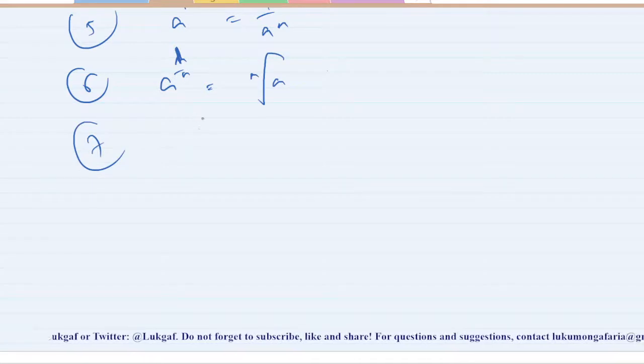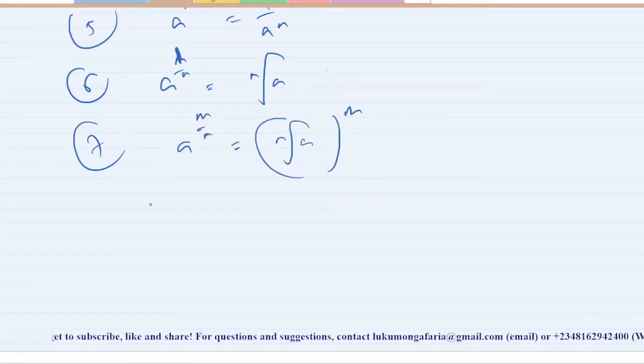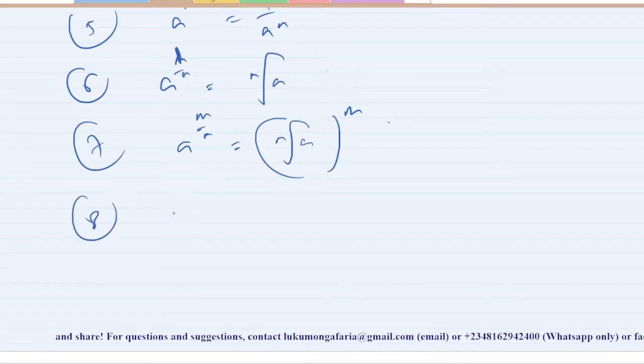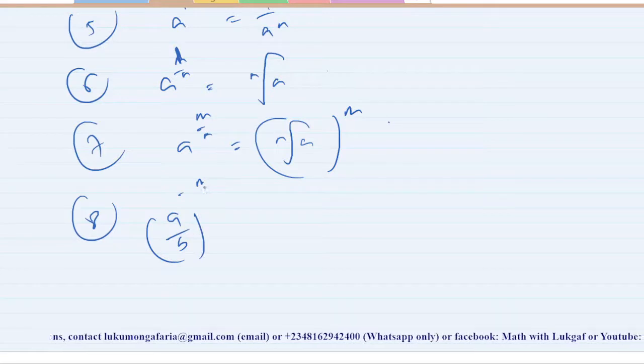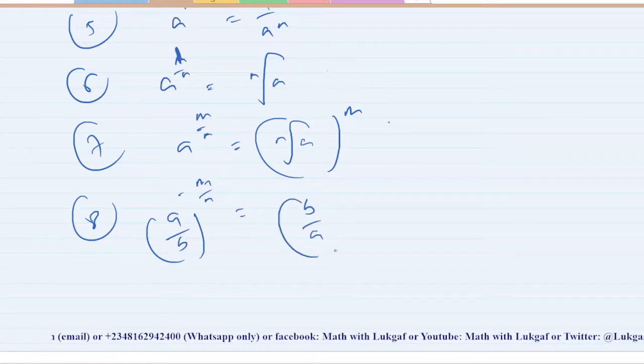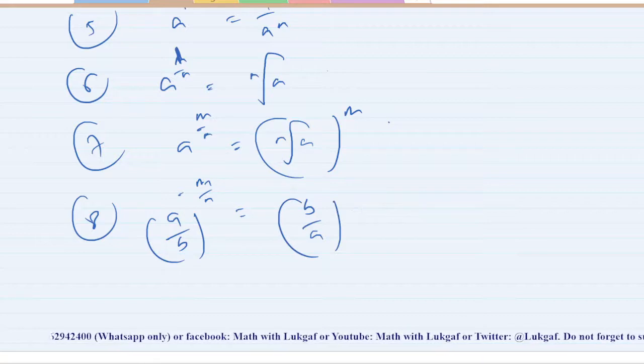Likewise, when you have a raised to m over n, that's nth root of a, everything raised to m. And the last one, when you have a over b raised to minus m over n, that's b divided by a, everything raised to m over n.